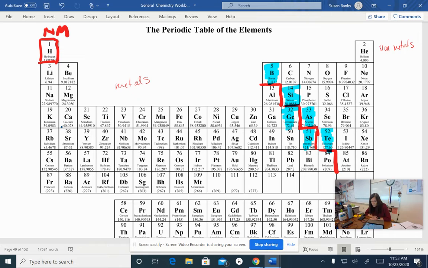Those are our metalloids. Now notice that they follow exactly the line of the metals to the nonmetals. So you would expect the elements that have the in-between properties to be right on that line.